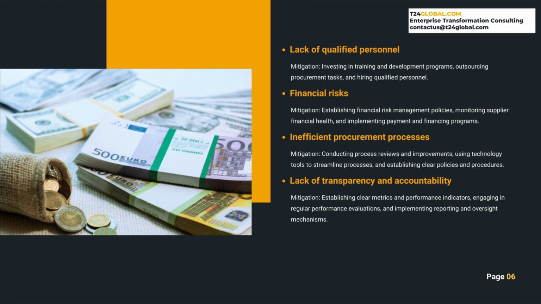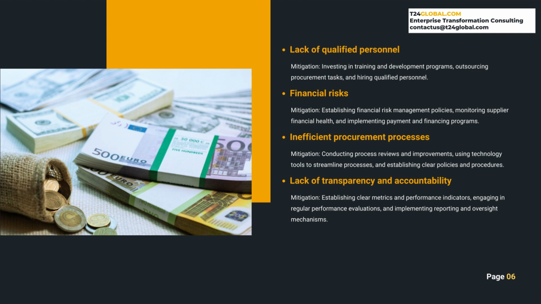Financial risks. Financial risks can lead to increased costs and operational inefficiencies. To mitigate such risks, organizations need to establish financial risk management policies, monitor supplier financial health, and implement payment and financing programs. This can involve setting up financial risk management processes and conducting regular financial risk assessments.